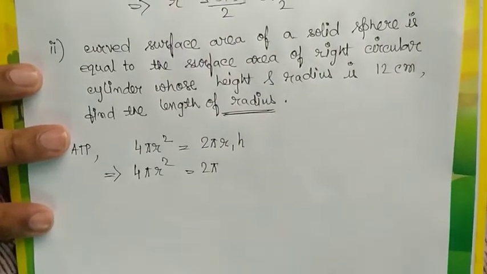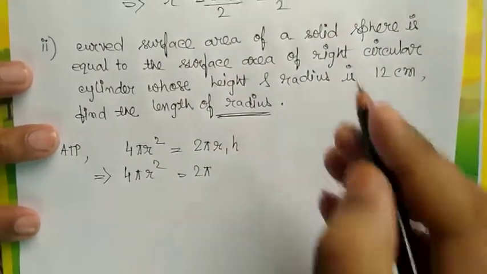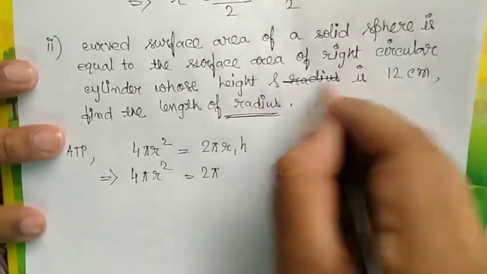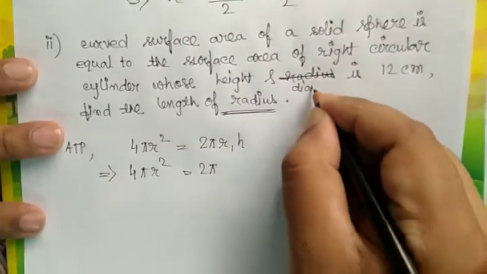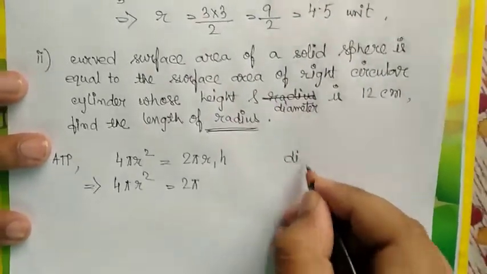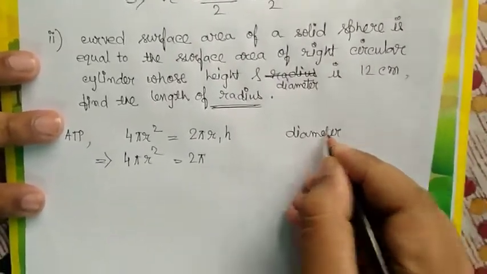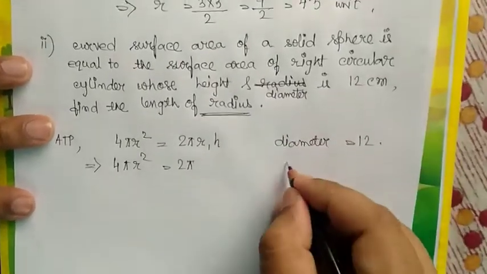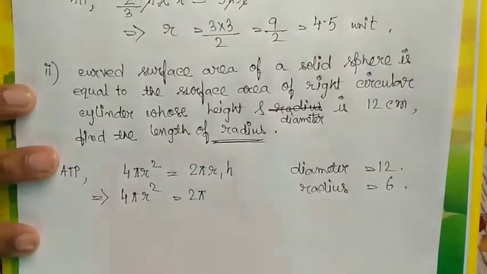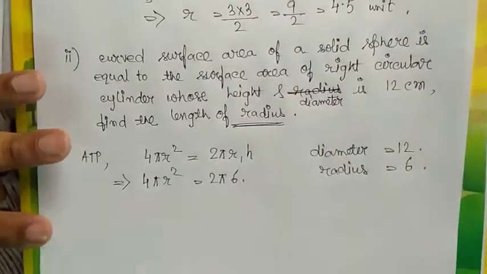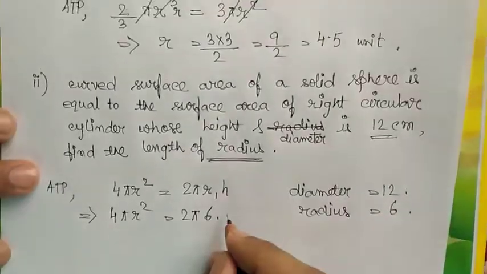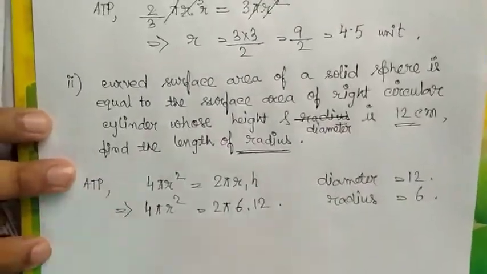Now one more thing, height and diameter, it should be diameter in the question. So if diameter is 12 centimeter, therefore radius of the cylinder is 6 centimeter. So this is 6 and the height is 12 centimeter, therefore this one is 12.